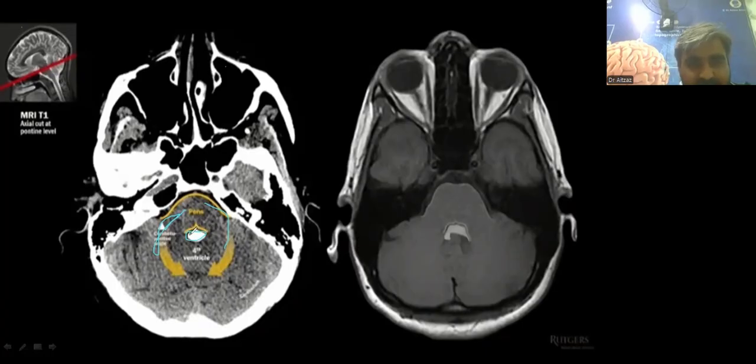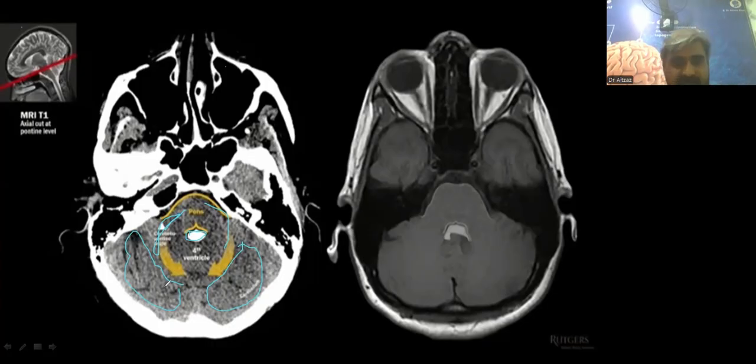When we are seeing the pons on transverse or axial cuts, it presents like it bilaterally hugs the cerebellum. This all is the cerebellum, and this is cerebellum. This is pons, and centrally this is fourth ventricle, so it hugs the cerebellum bilaterally.